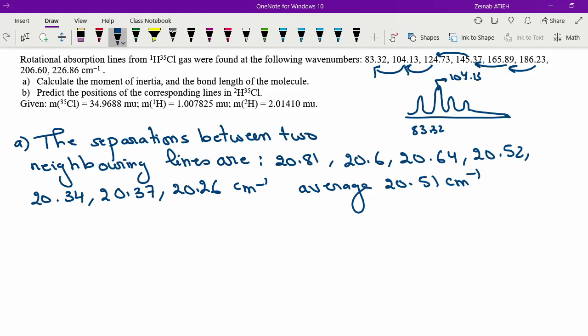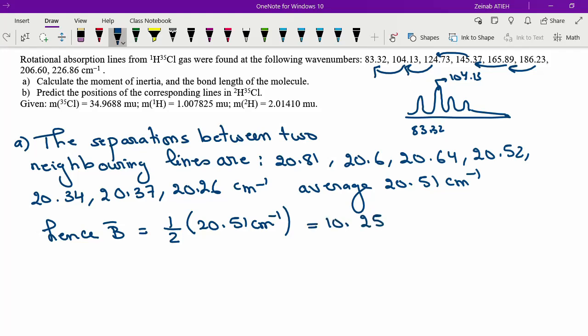Now we can say that B bar is equal to half this value because the distance between two consecutive lines is 2 B bar. So B bar is equal to half of 20.51 centimeter minus 1, and the answer will be 10.25 centimeter minus 1.